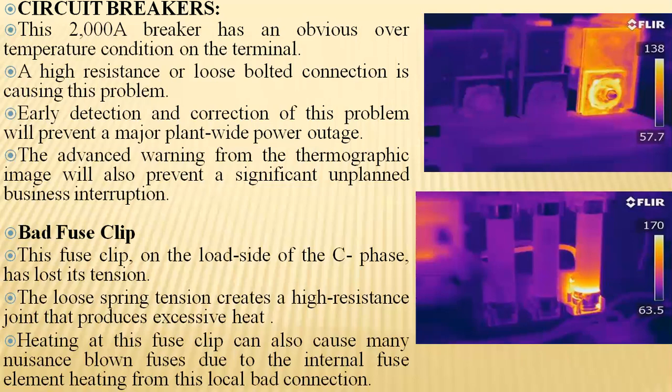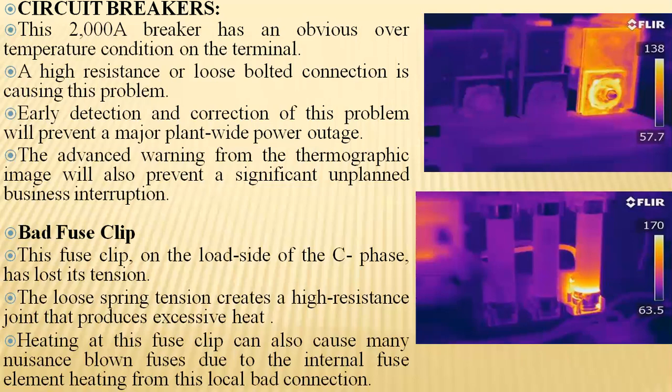There is a good fuse point, and now the bad fuse point. This fuse clip on the load side, such as the C fuse, may have lost tension or have a loose spring, which creates a high resistance joint.